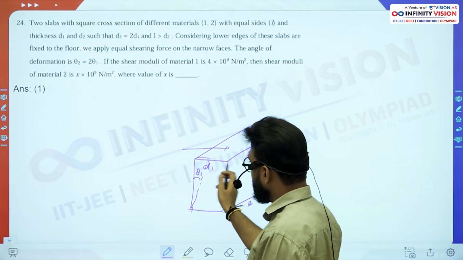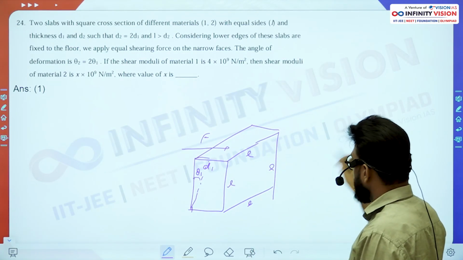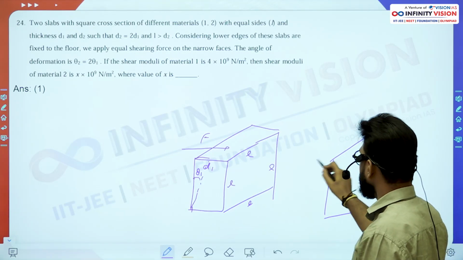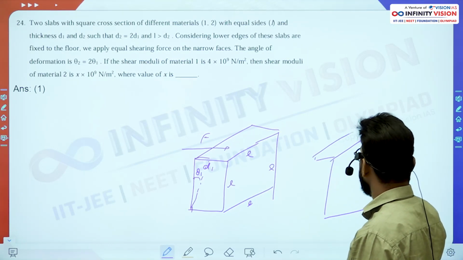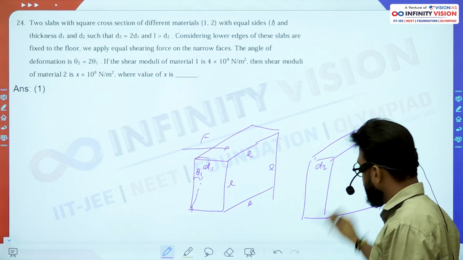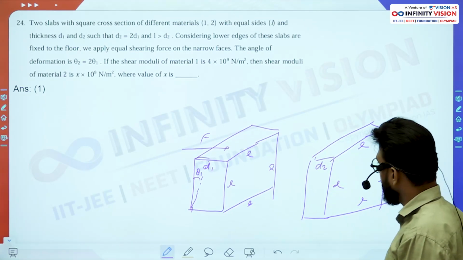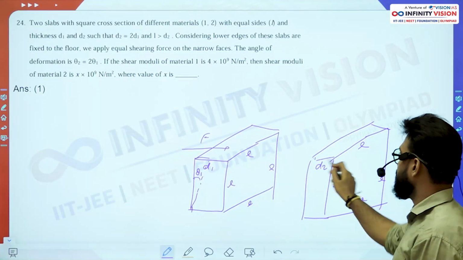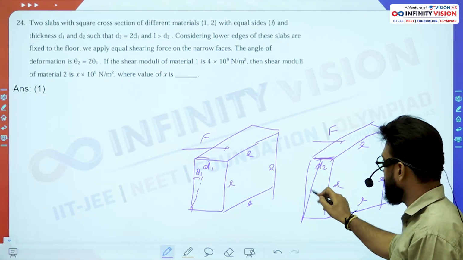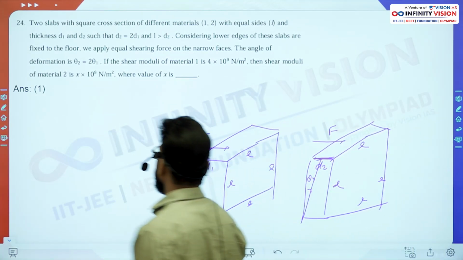Okay, similarly you will get another sheet which again has the same square side, but its thickness is d2, and again you are applying the same shearing force. So what would be the deformation angle theta 2 that you will be getting.